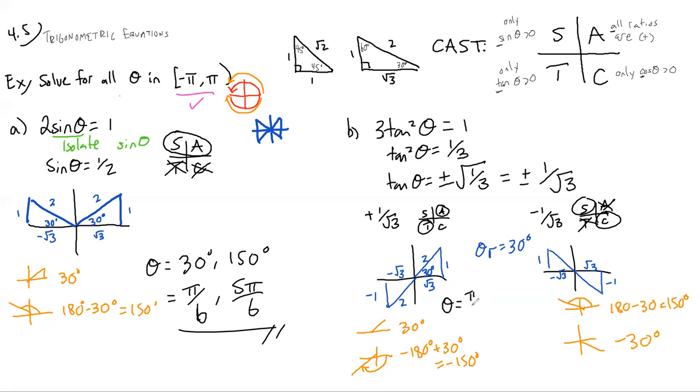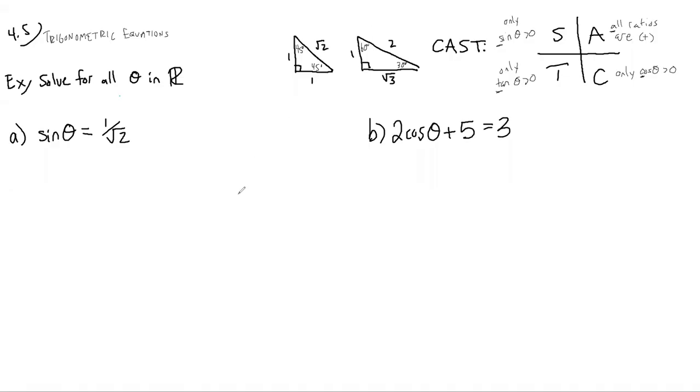It should be pi/6, and negative 150 will be negative 5 pi/6. 150 is 5 pi/6, and negative 30 is negative pi/6. And they're all in the right region, negative pi to pi. So those will be how we can write all of those answers.